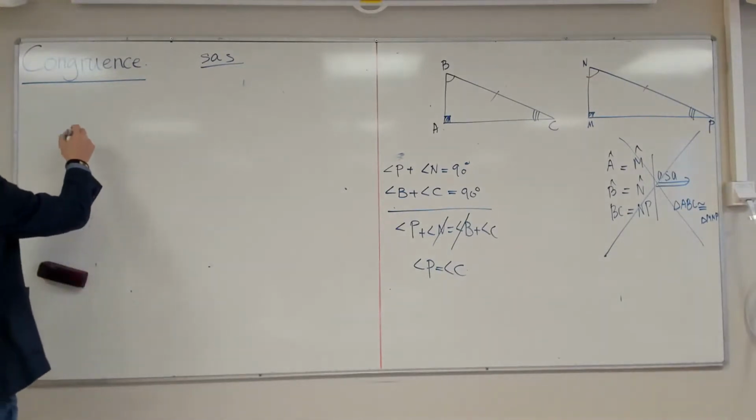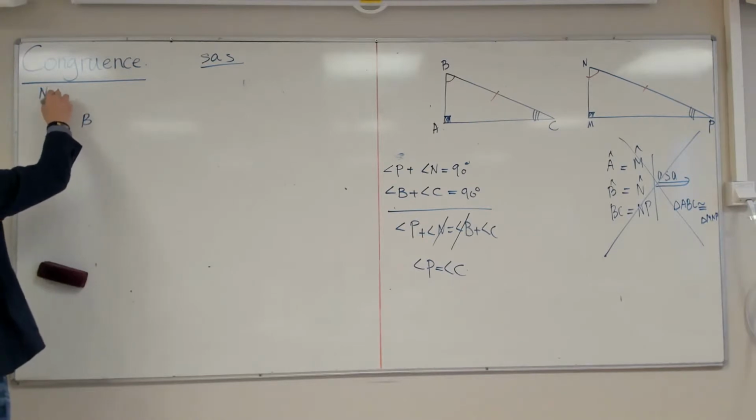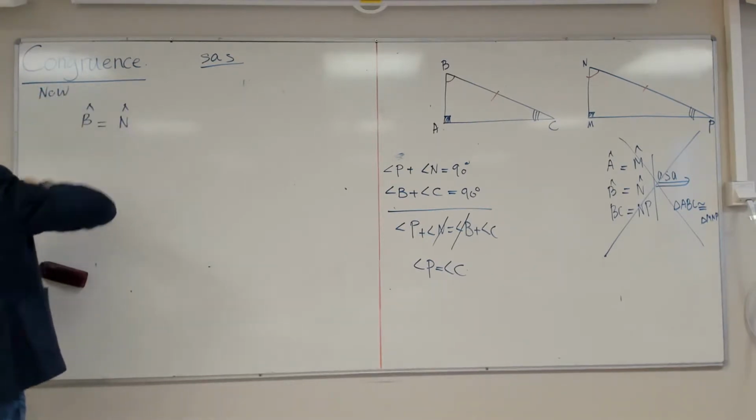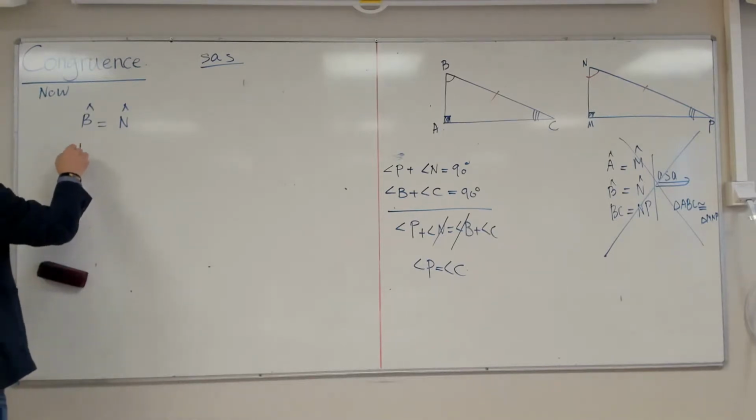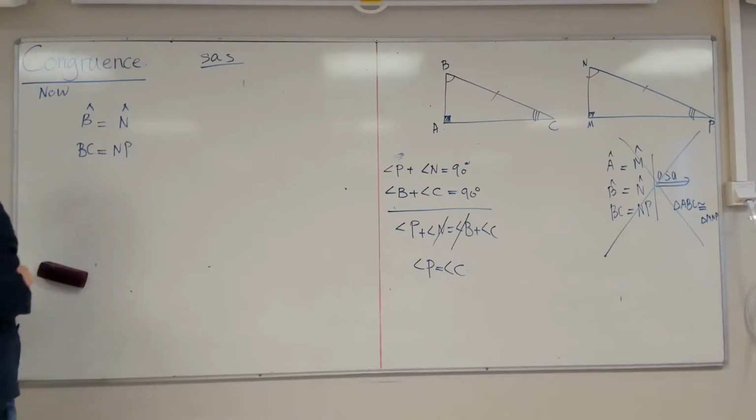You have to write it again in this form. You would say that angle B is equal to angle N. You told me from the beginning. You told me that side BC is equal to side NP. You told me from the beginning.